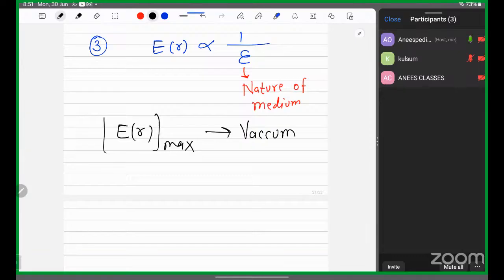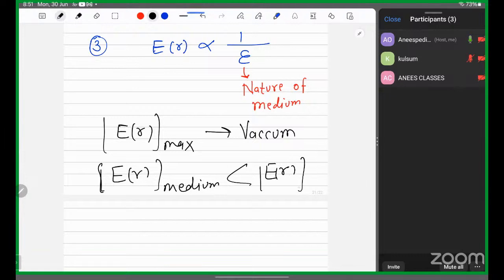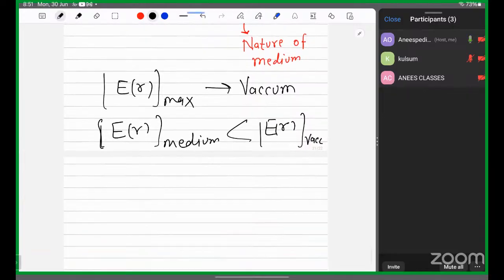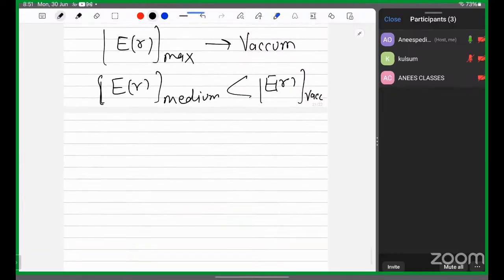If you check the electric field E in any given medium other than vacuum, it will always be less than the electric field in vacuum due to the same arrangement. Same arrangement means the magnitude of source charge is exactly the same, distance r is also exactly the same. Nothing is changed, just the medium is changed. In that case, electric field in any medium is always less than electric field in vacuum.